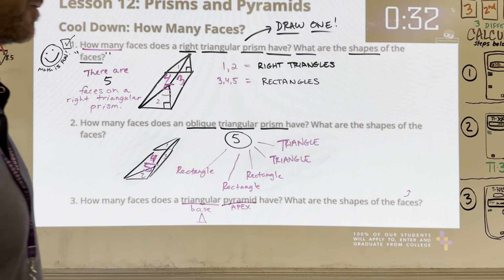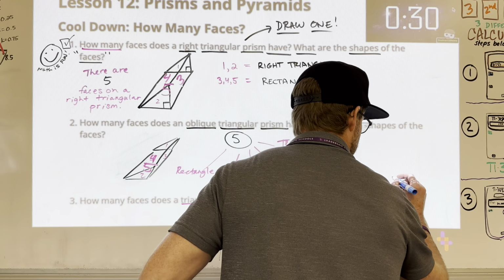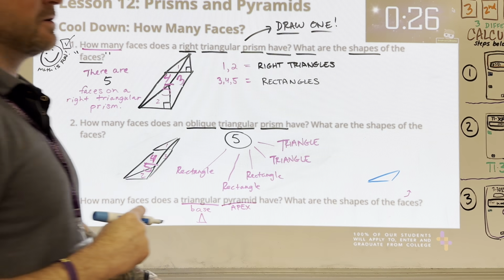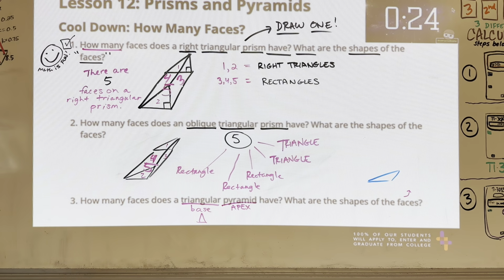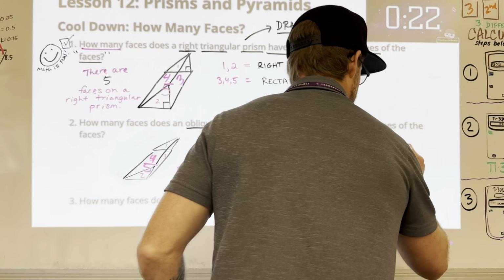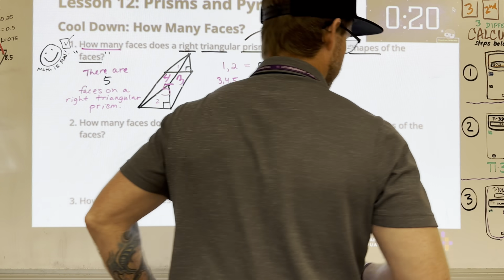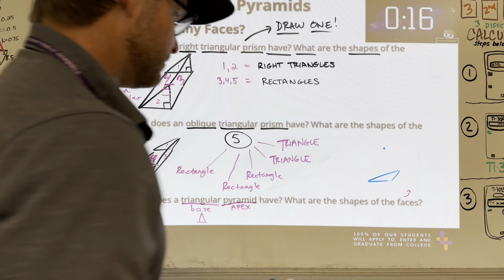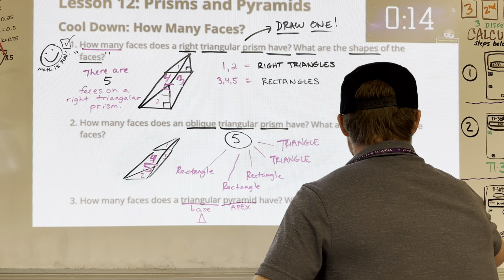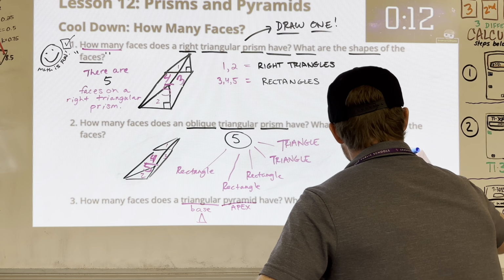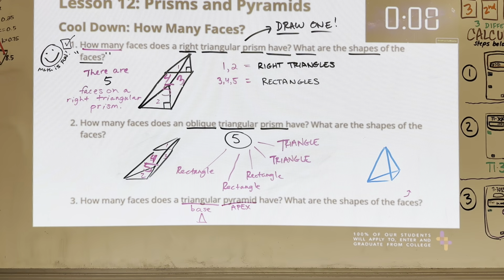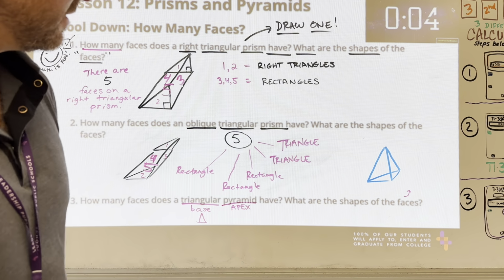All right, triangular pyramid. You've got a triangle. That's the base. And then you've got an apex. We'll just call it right here. Connect each vertex to the apex. There is a triangular pyramid.